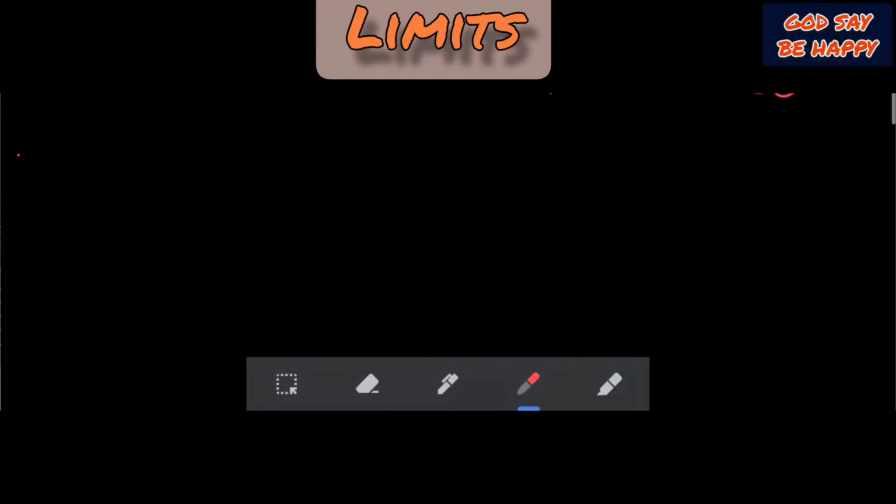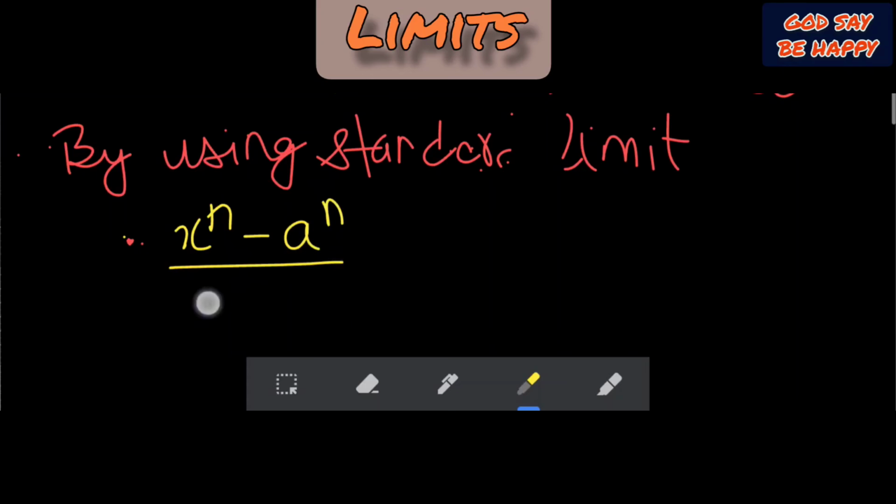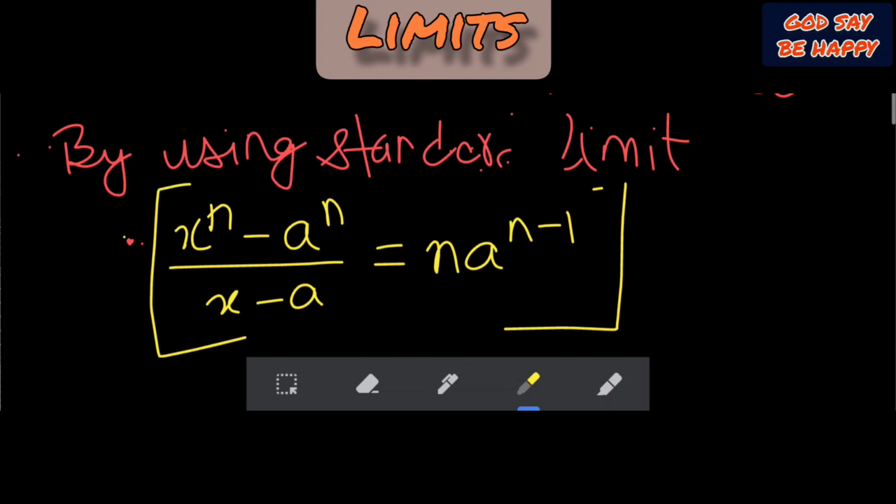For example, one standard limit is this, limit x tends to a of x to the power n minus a to the power n upon x minus a equals n a to the power n minus 1. This is a standard limit that we have. So using this limit we can solve many limit problems. So video is over now and we have completed limit.